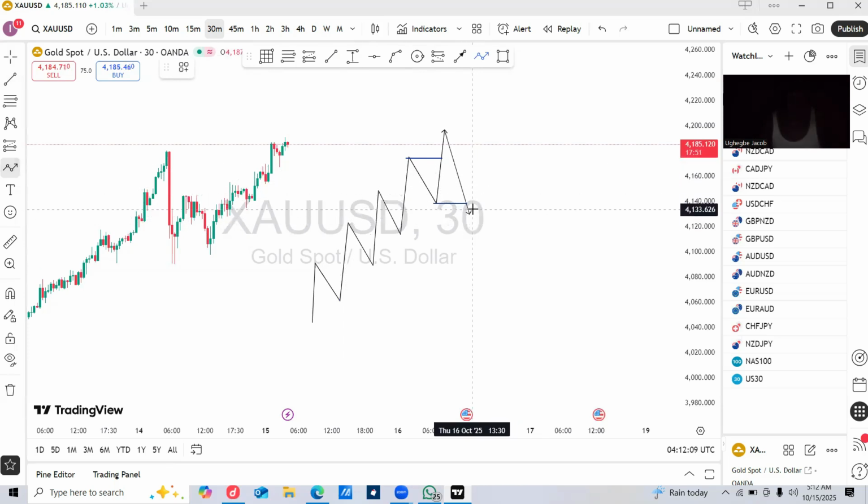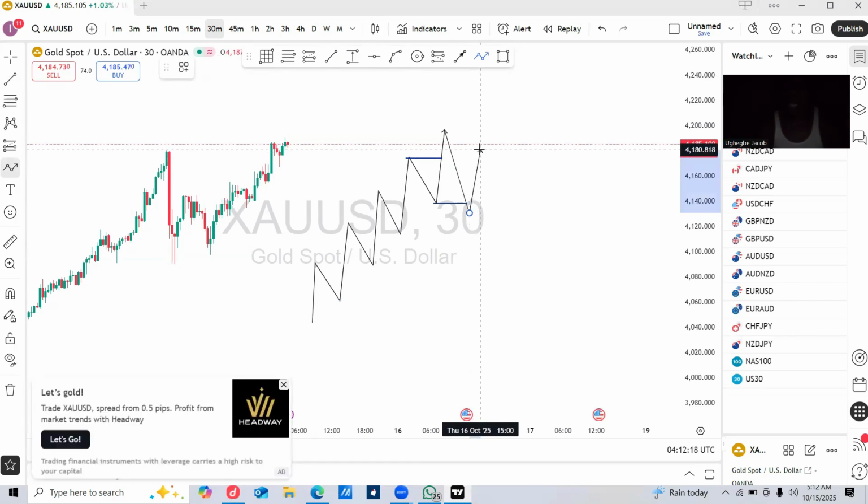So what are we going to look for before looking for opportunity to sell? We have to look for a candlestick that broke the low. This candlestick here, which is the last green candle, or any of the candlesticks before they pulled it down, that broke this low.